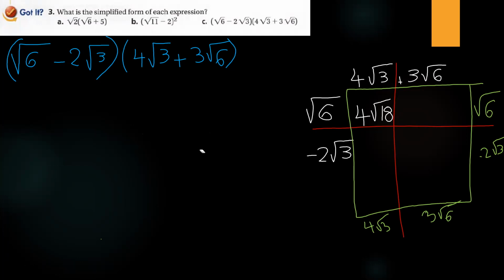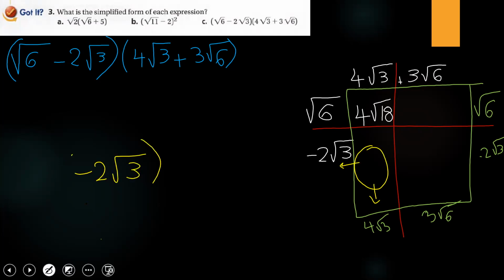Now we have to multiply negative 2 square root of 3 times 4 square root of 3. Should be negative 24.